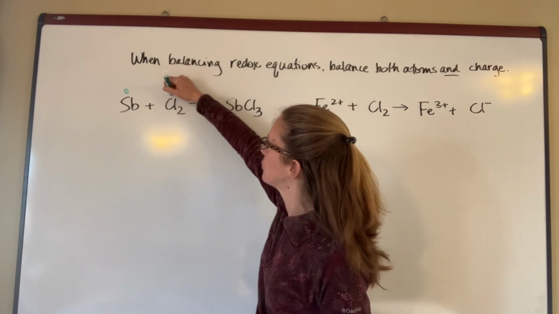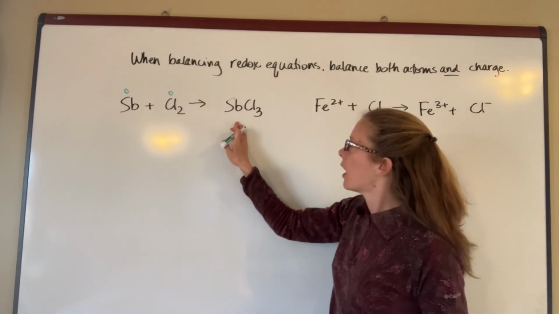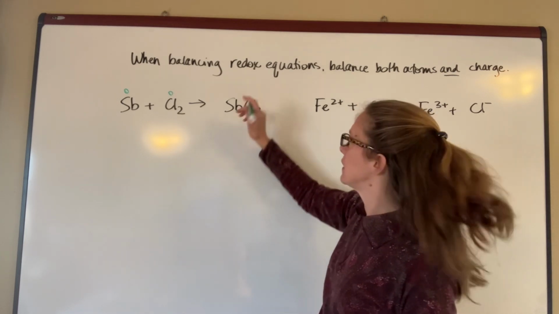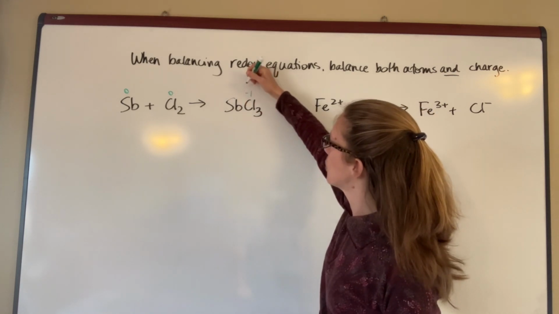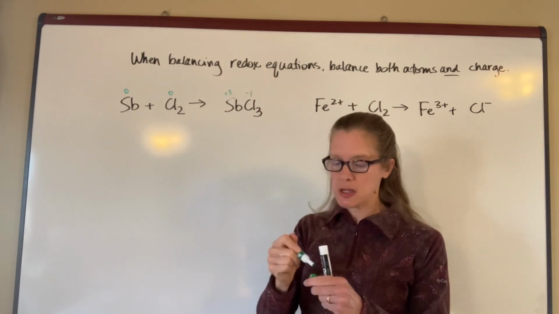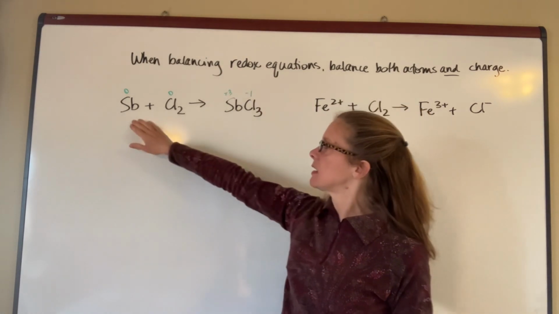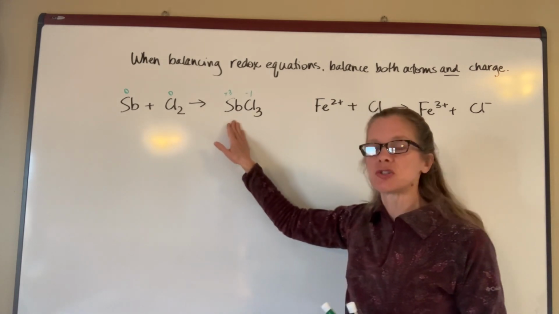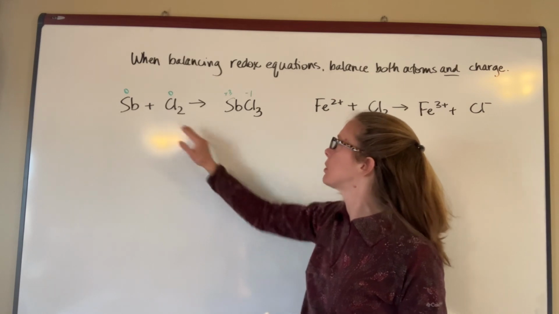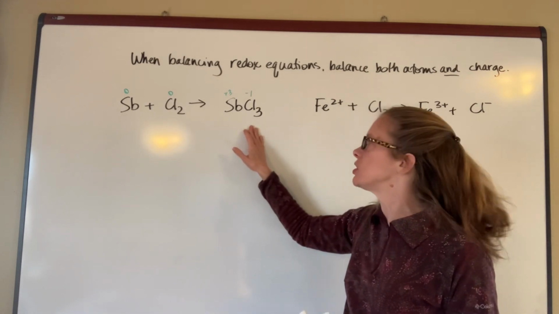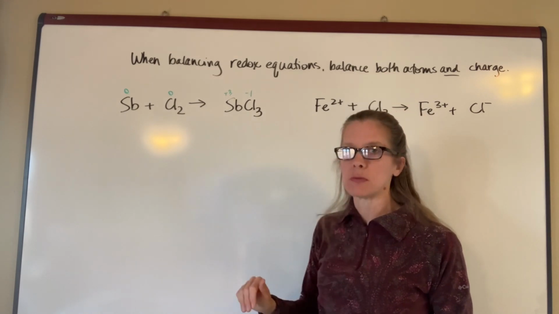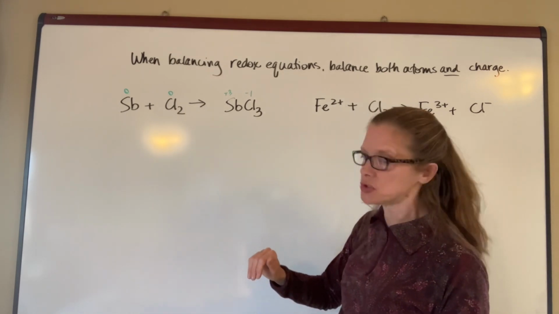The oxidation number here is 0. When I have antimony chloride, the chlorine is going to be a -1 charge, and the antimony over here is going to be a +3. So you can tell, since the antimony went from a 0 to a +3, that it was oxidized, and the chlorine went from a 0 to a -1, and it was reduced. So this is a redox equation because I have had elements that were both oxidized and reduced.